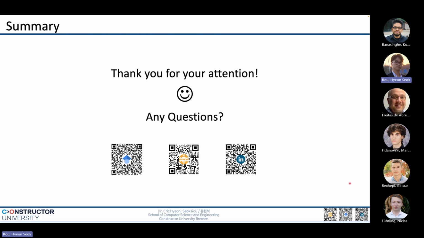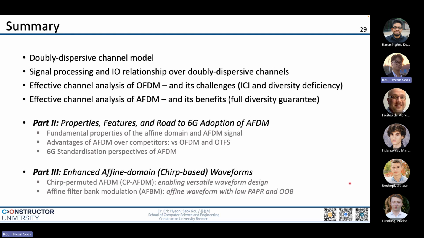So the baseline AFDM, as we described here, will have the exact same PAPR performance as the OFDM. But the enhanced waveforms that are shortly outlined in the other two parts, part 3, the chirp-permuted AFDM and the affine filter bank modulation, add on top of this AFDM in light of the freedom that we have with the chirp parameterizations. This actually enables a decrease in the PAPR in this sense.